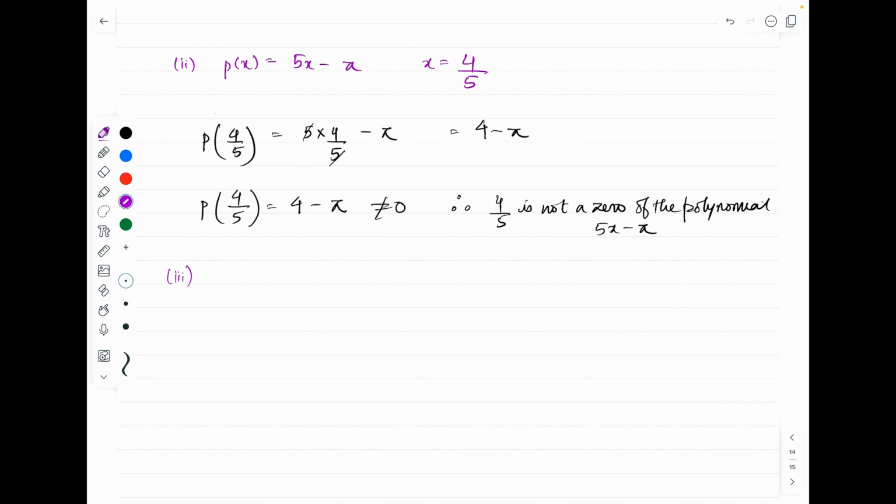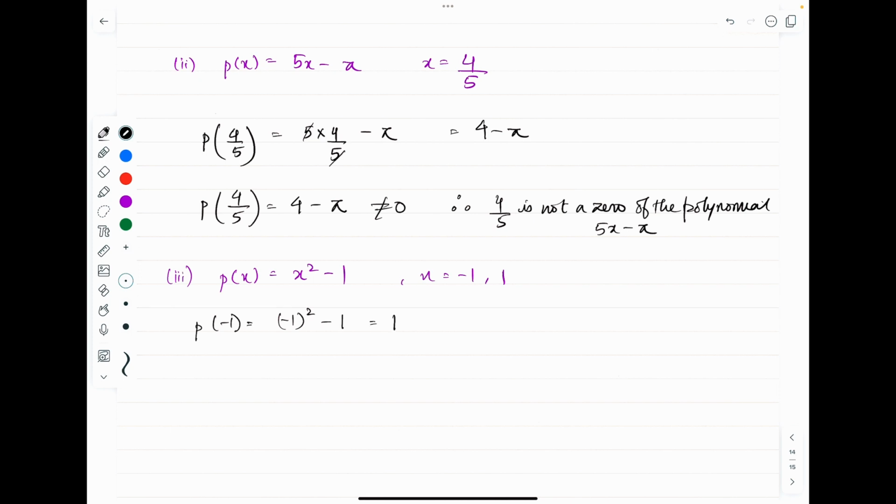The third question is p of x equals x square minus 1. Similarly, x values are given as minus 1 and 1. Two values are given, since the degree is 2. So we have to check for both of them. First we check p of minus 1. p of minus 1 is minus 1 square minus 1.